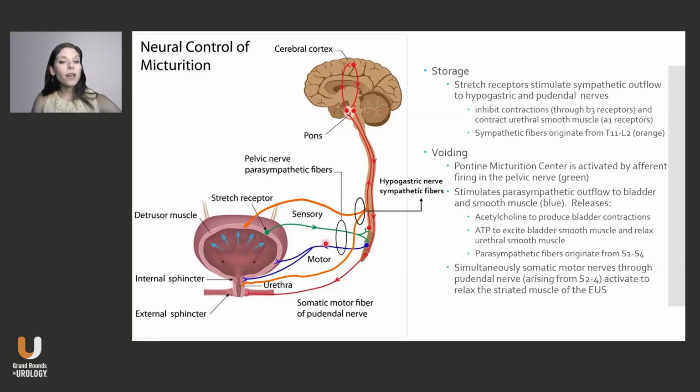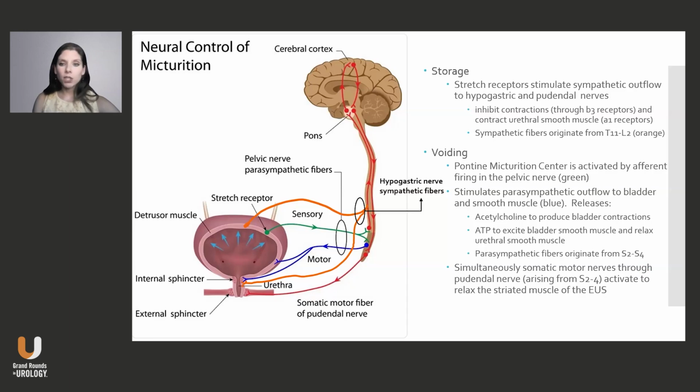The parasympathetic fibers release acetylcholine, which produces the bladder contractions, as well as ATP, which excites bladder smooth muscle and relaxes urethral smooth muscle. Now, simultaneously during voiding, you have somatic motor nerves through the pudendal nerve, which also arises from S2 to S4, that activate to relax the striated muscle of the external urethral sphincter. Now, that is the more complex technical neurophysiology, but how does it all work together?